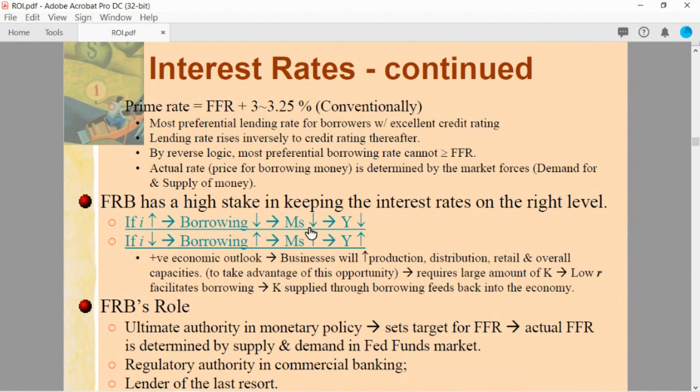So there is a decrease in money supply. The decrease in money supply is caused by decreased borrowing, and money supply throughout the economy is decreased because the workers lost their jobs. They can't spend money.